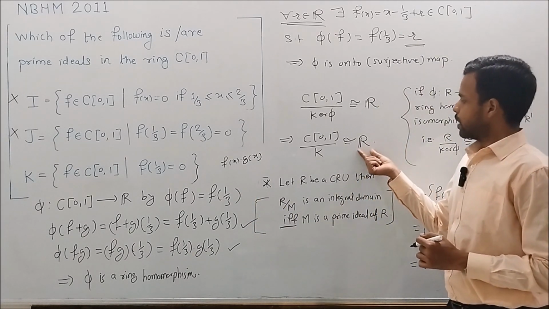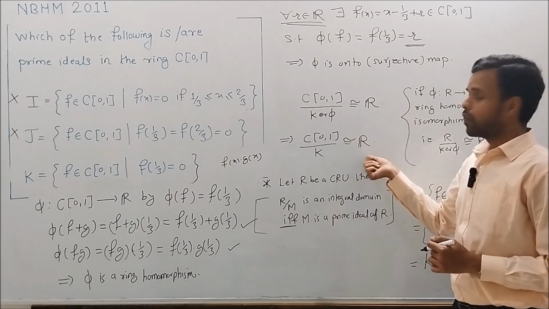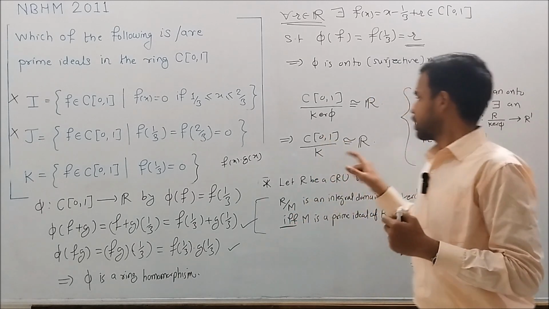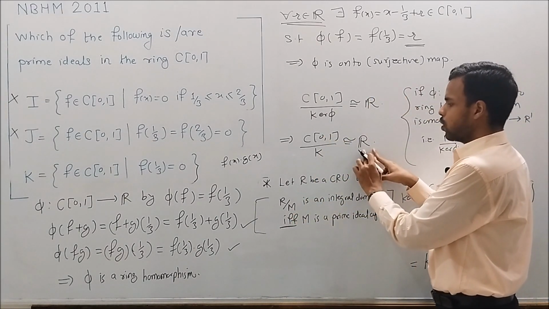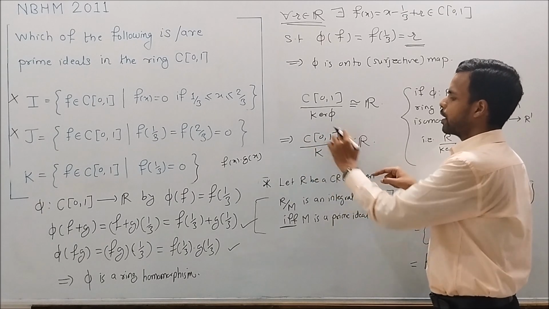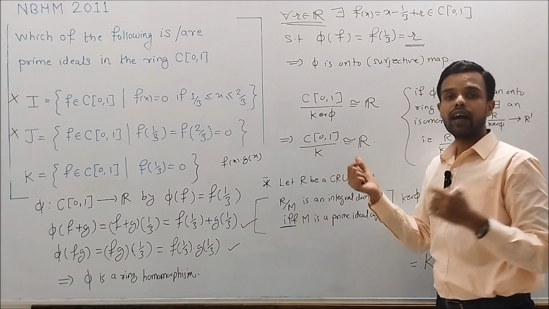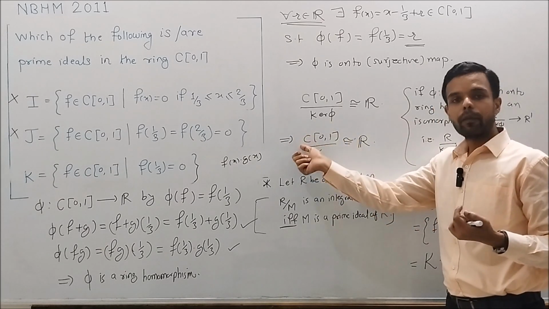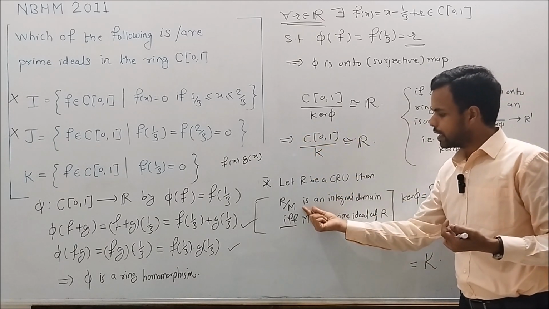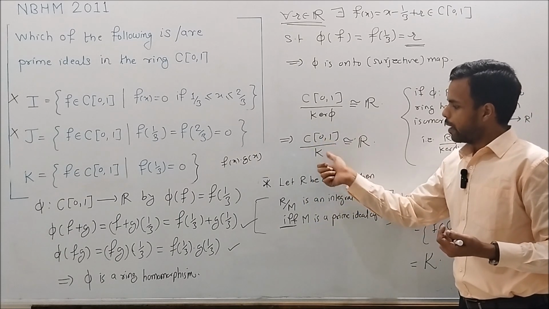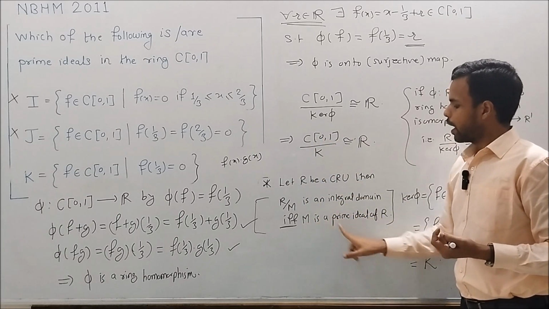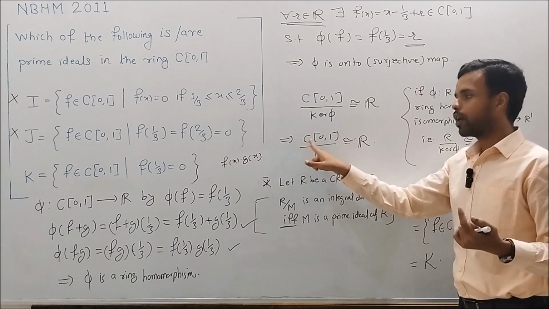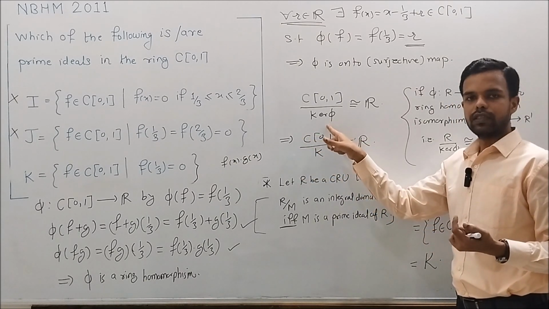Now, in our case, this is a ring of real numbers, and we know that the ring of real numbers is an integral domain. So as this is an integral domain, this must also be an integral domain, because both these rings are isomorphic. And so by this result, R by M is an integral domain if and only if M is a prime ideal of R. That is, if and only if K is a prime ideal of the ring of continuous functions over the closed interval [0, 1].